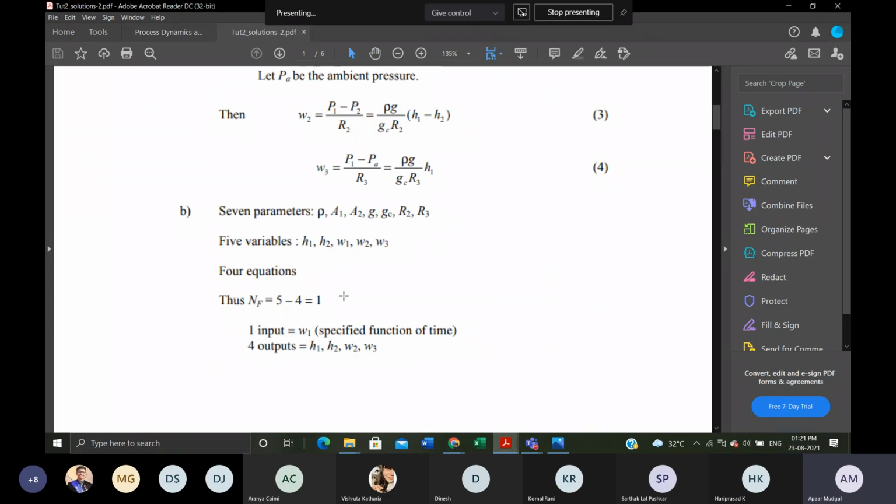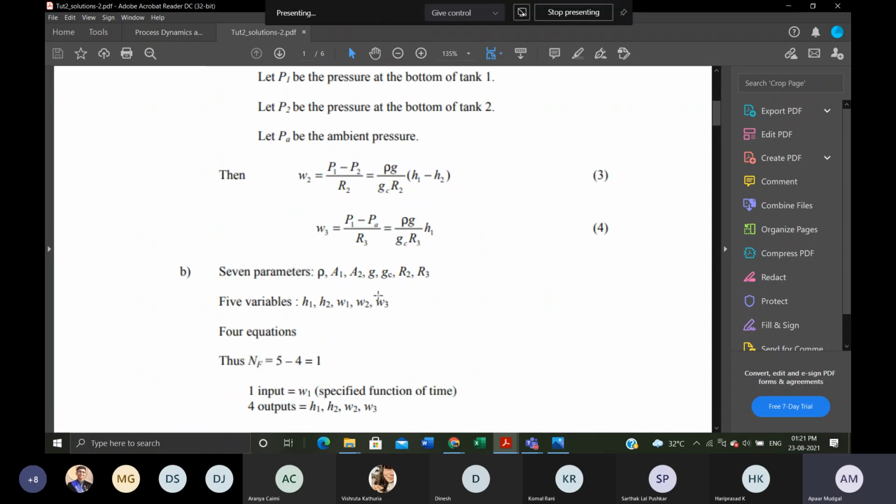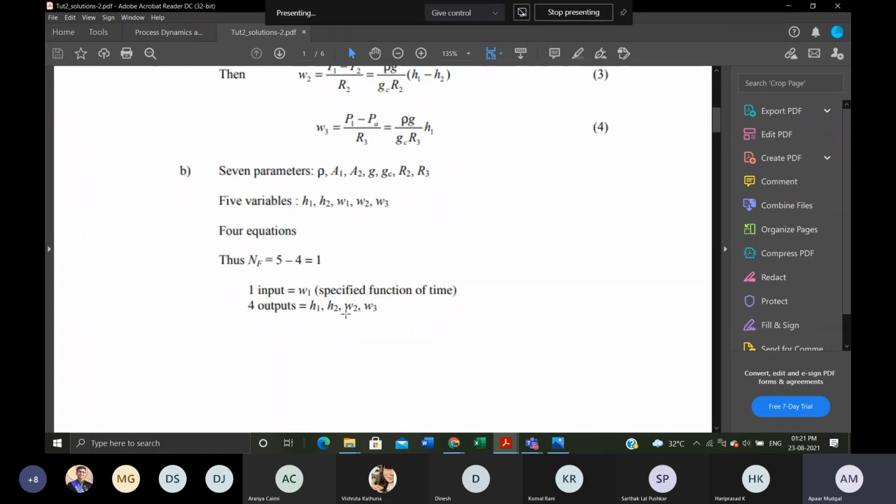If we get one, then we have to assign a variable as input or output so that we can get an exact solution. W1 is a function of time, which we have already specified. So we can write W1 as input and we will have four outputs for the four variables. Then we will have an exact solution if we assign W1 as our input.